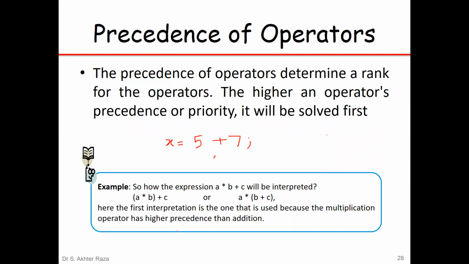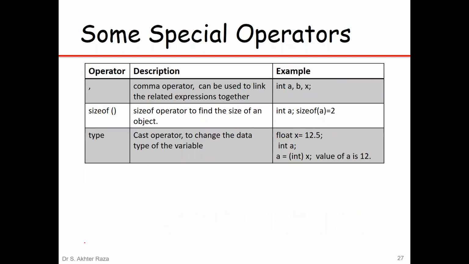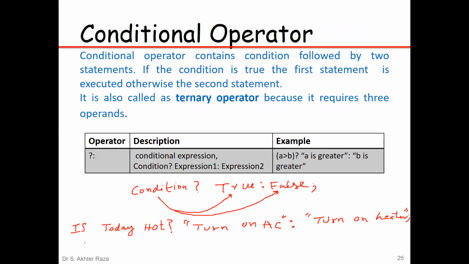Now if we have one more operator that I described previously in an example, that was the example of the conditional operator. In the conditional operator, you can see I have three elements. One element is before the question mark.